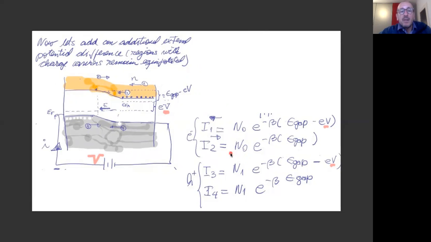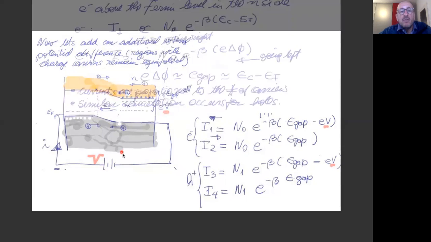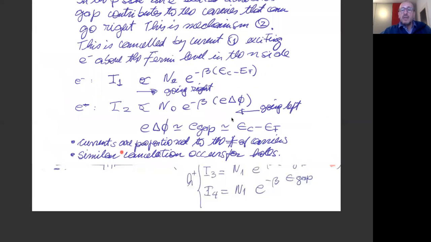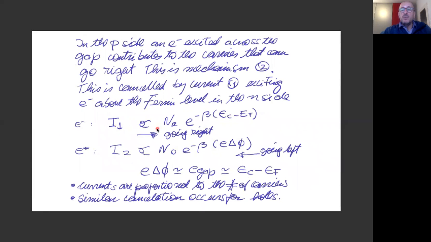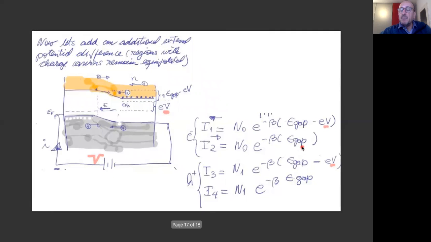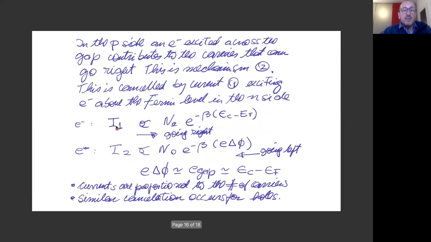So the I1 going in that direction is reduced by EB, but the I2 going in the other direction remains the same as before. I2 is the difference between EC minus EF, and this is beta E gap, okay? Remember that this thing had changed. This is I2 and this is I1, okay?